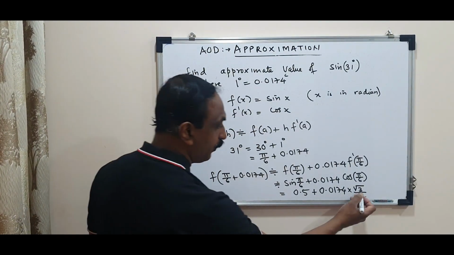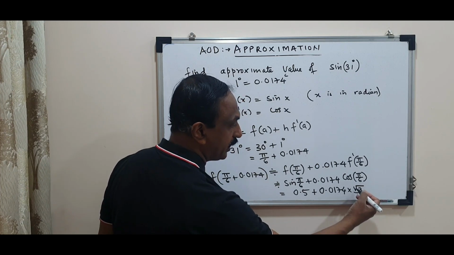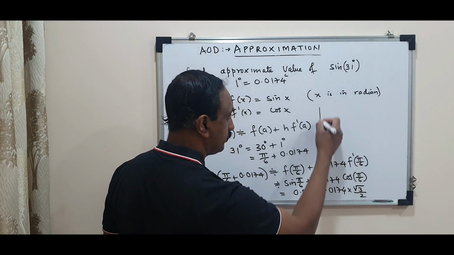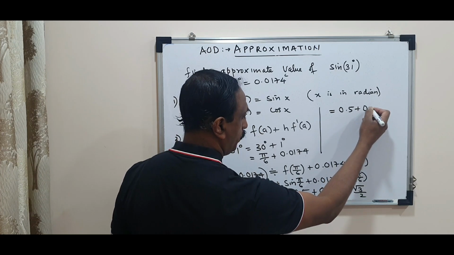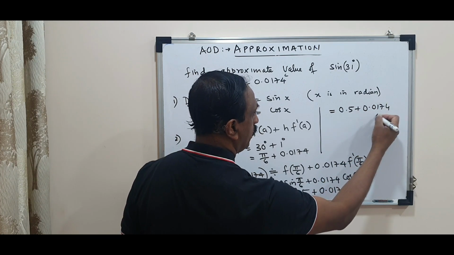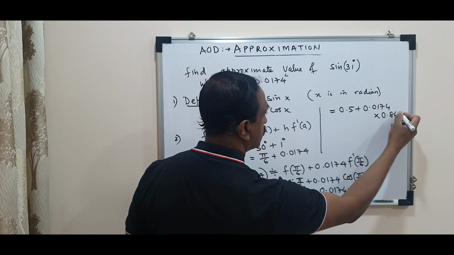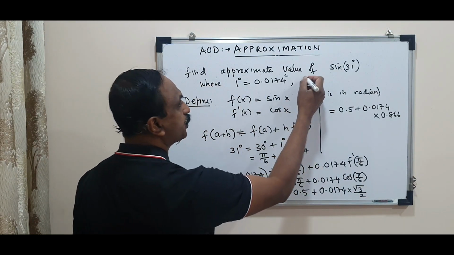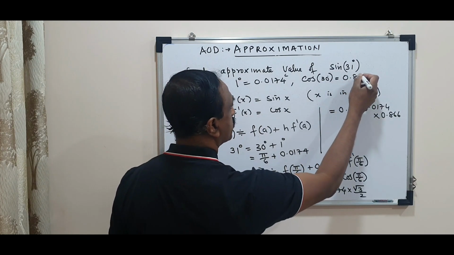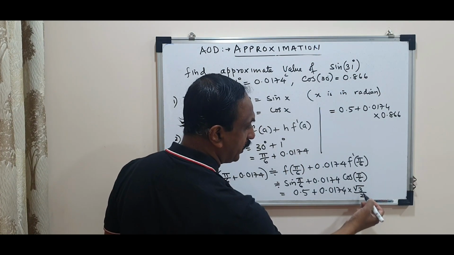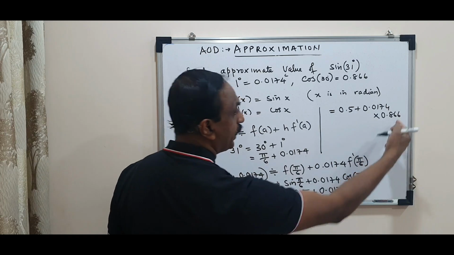Root 3 by 2 is nothing but 0.866. So this is 0.5 plus 0.0174 multiplied by 0.866. Usually they give you in the question cos 30 degrees is 0.866. Otherwise, divide the value of root 3 by 2, you will get 0.866.